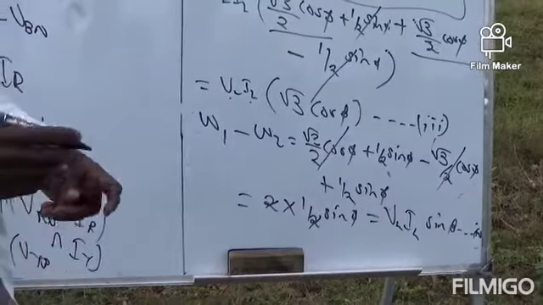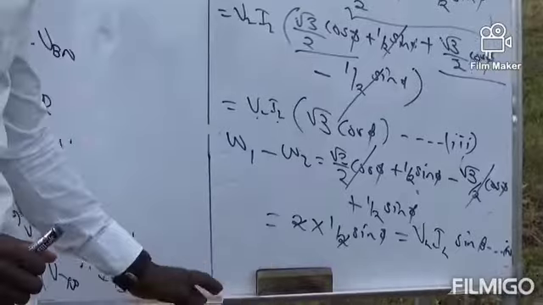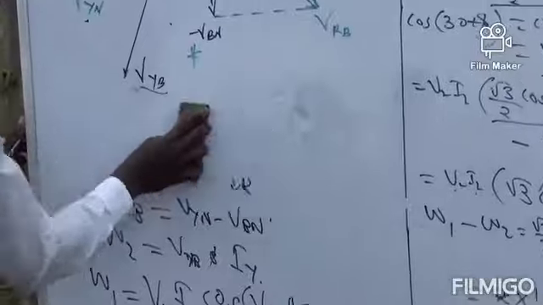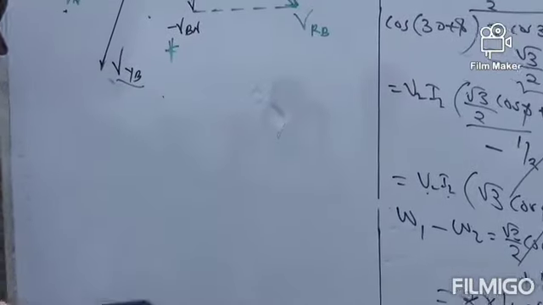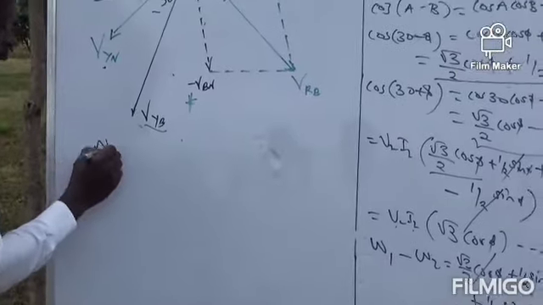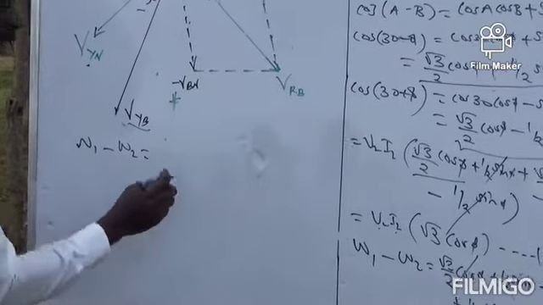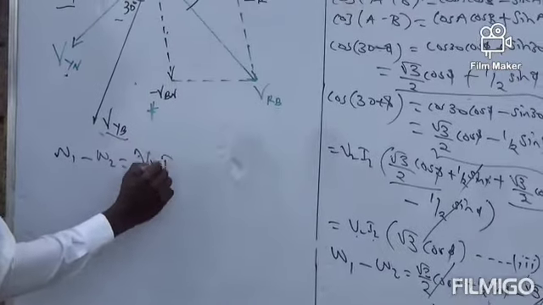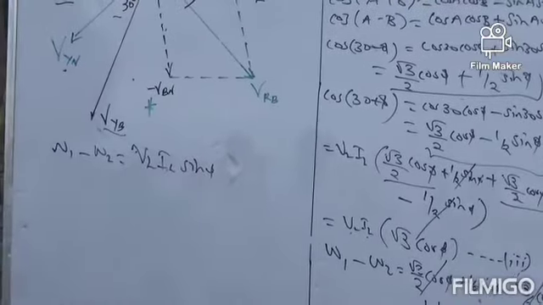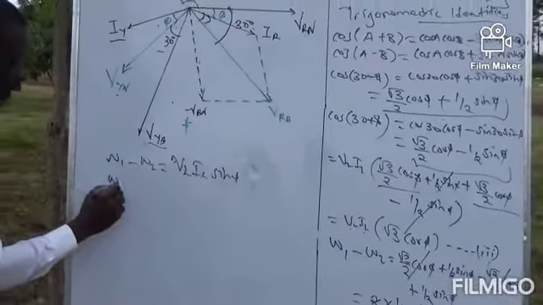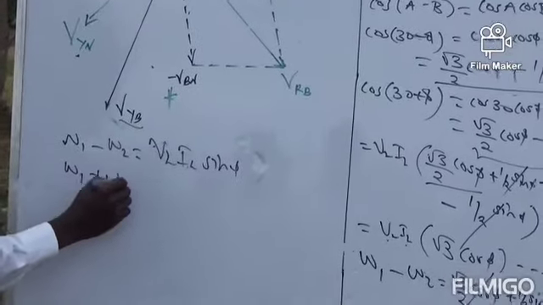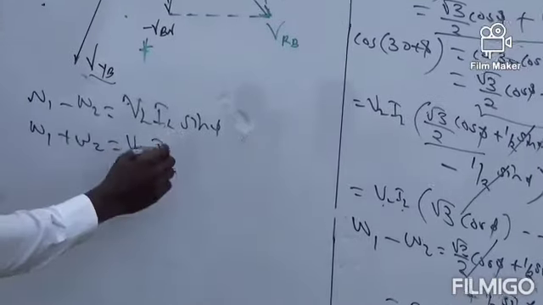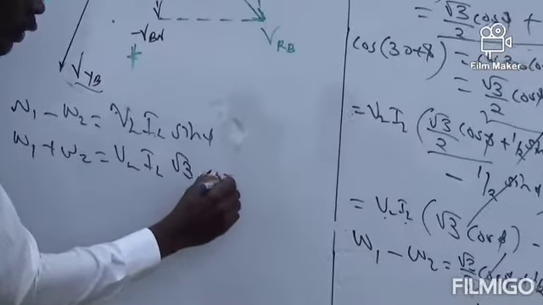So for us to get the expression for Phasor diagram or for Phasor representation, we are going to divide equation 4 and equation 3. So in that case, equation 4 was wattmeter 1 minus wattmeter 2, giving us VL IL sin phi, and the first equation, that is wattmeter 1 plus wattmeter 2, is equal to VL IL root 3 cos phi.